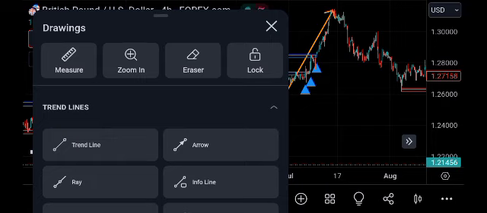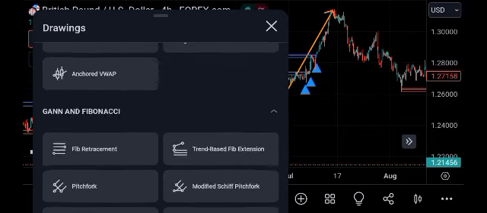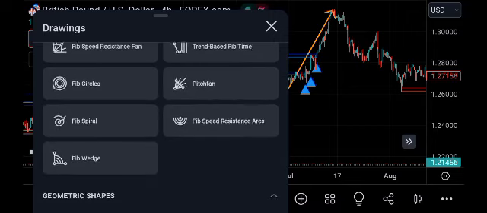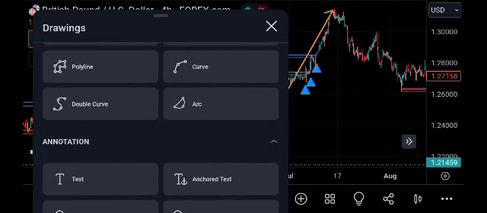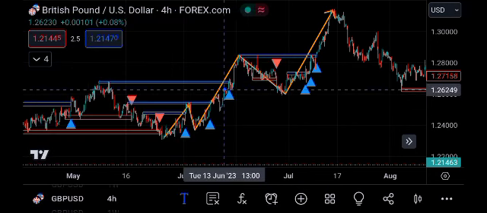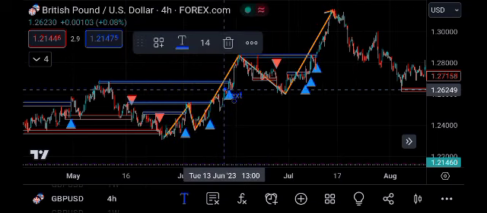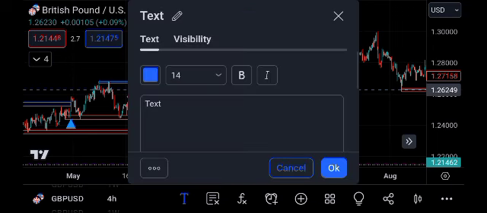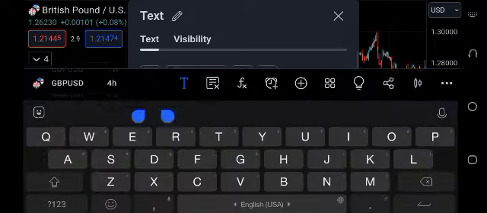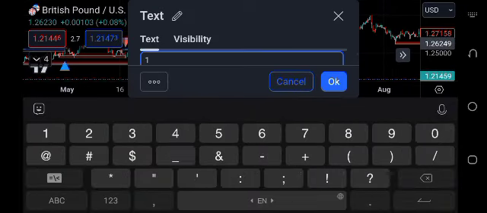Let us do some labeling here. We will label all these waves. Wave one.